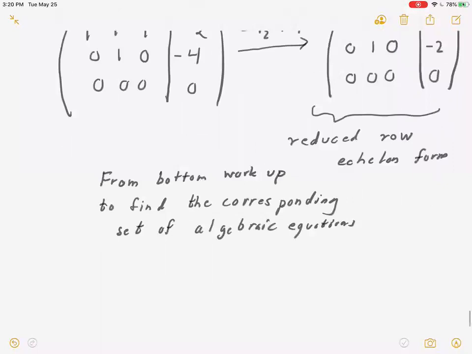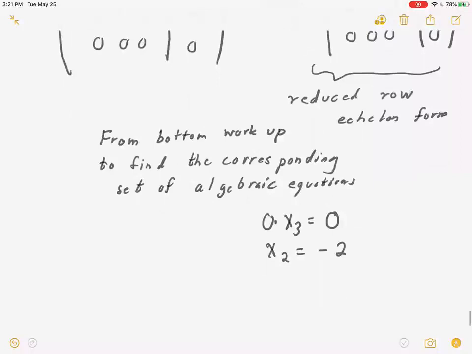Well, my first equation, I'm really worried about x sub 3. And it says that 0 times x sub 3 is in fact 0. My second equation is going to read x sub 2, starting from the bottom and going up, is minus 2. And my third and final equation says that x sub 1 plus x sub 3 is 0.